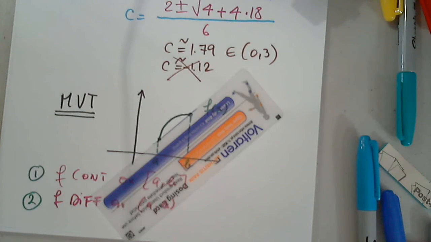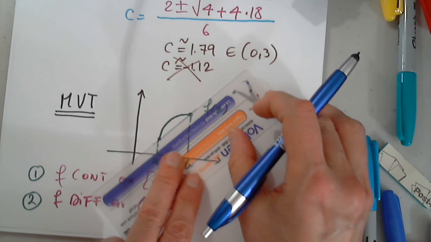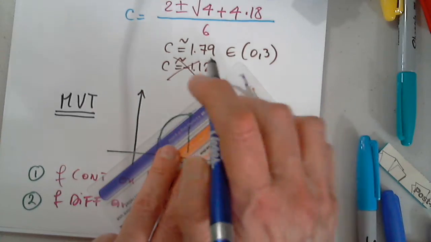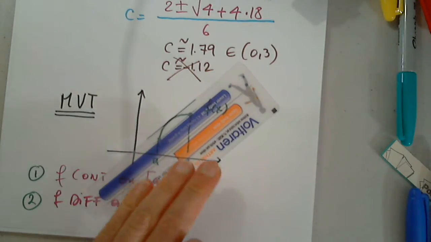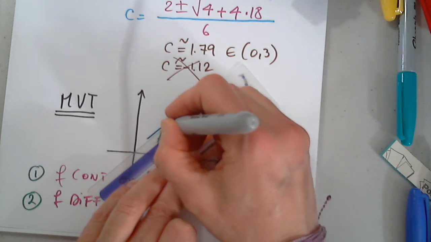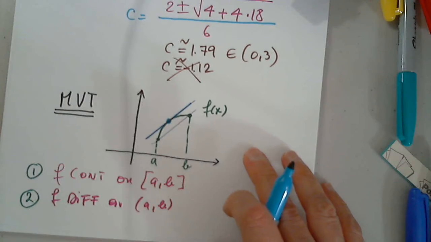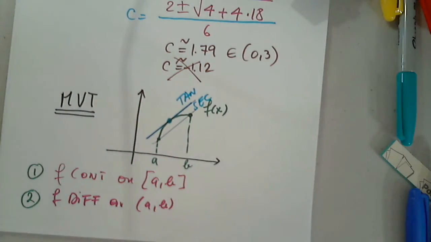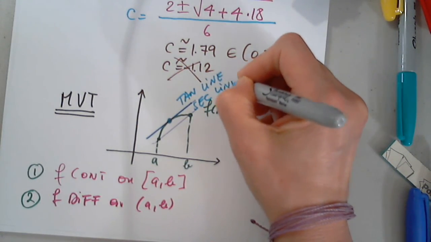Now I want to create a line parallel to the secant line that is the tangent line at some point, in this case this one. So this is the tangent, and this is the secant line.